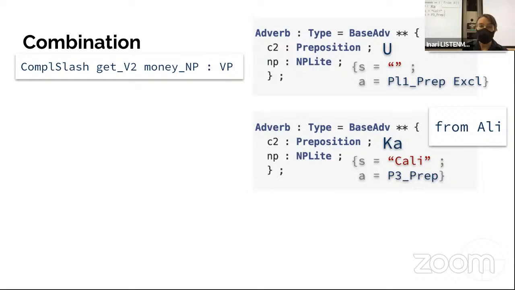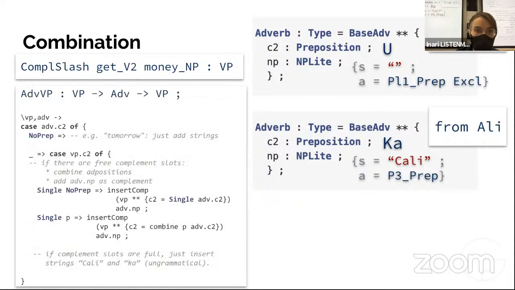So then we go to the combination rules. So we have some regular VP that we've made with the ordinary compl slash, and now we start adding the two adverbs. So this is the simplified GF code for how we add an adverbial. We look at the adverb's preposition.